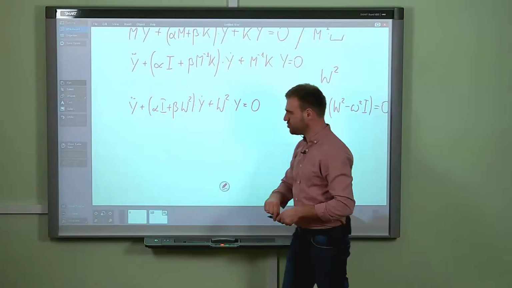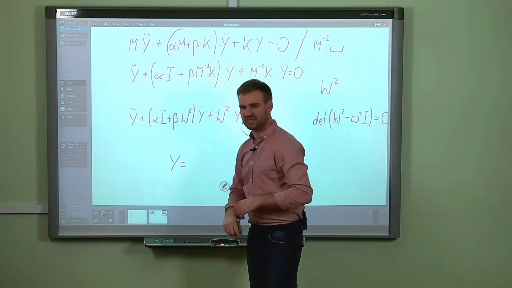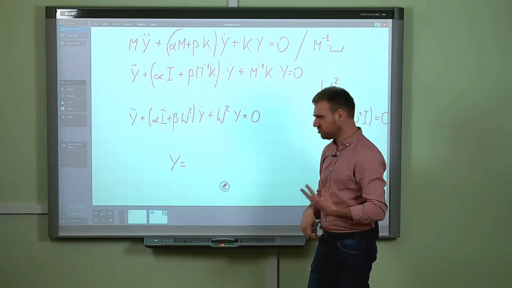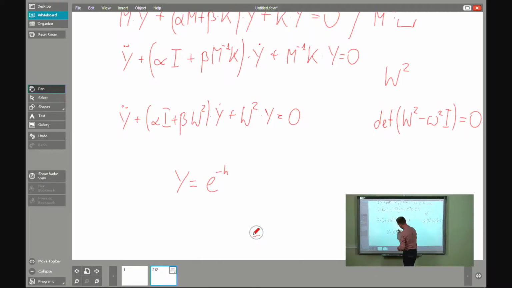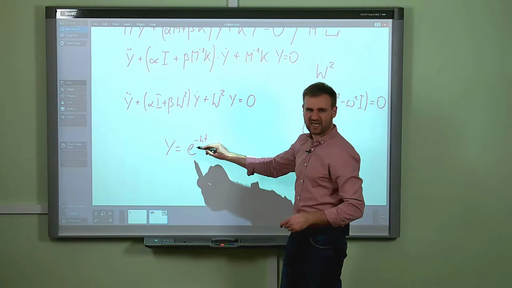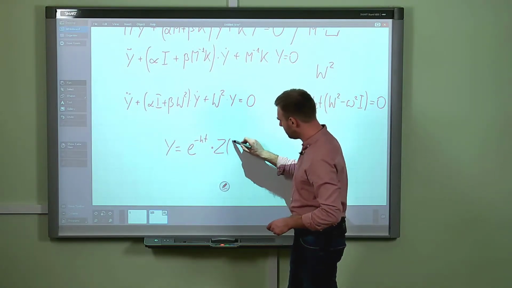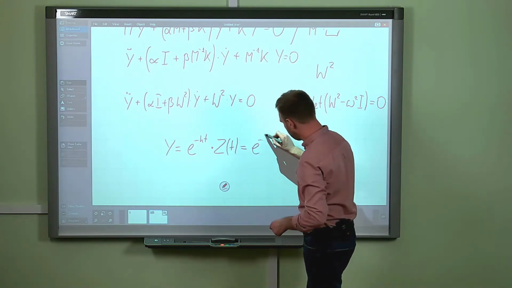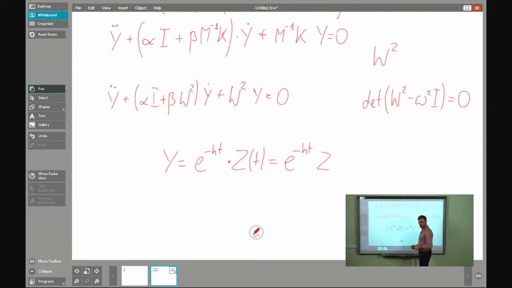And again, due to the analysis of the single degree of freedom system, we predict that the general solution of the homogeneous equation will be expressed as a product of a function which gives us the damping effect, some exponentially decreasing function, times z of t, or I will also use z without t, but it will be the same, which gives us the oscillating properties of our system.